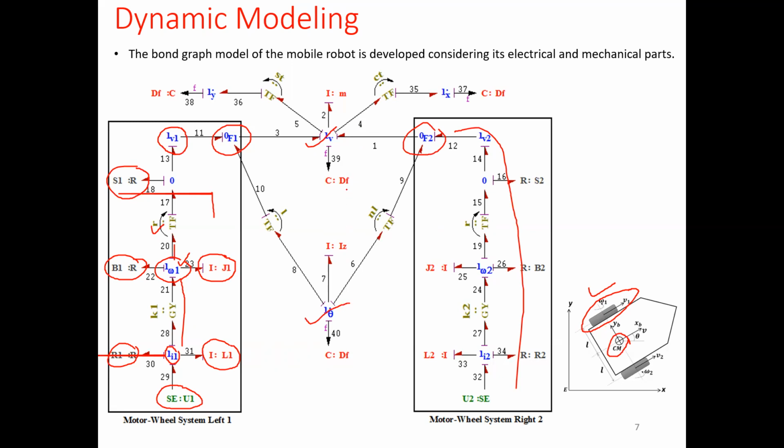This C with a full-head arrow represents a sensor. This sensor will measure the velocity and orientation of the robot at the center of mass. And if we want to calculate in the inertial frame, we use this transformation with sin theta and cos theta.